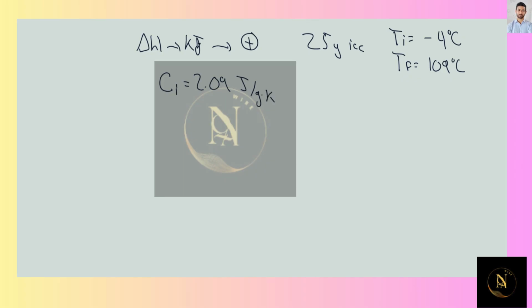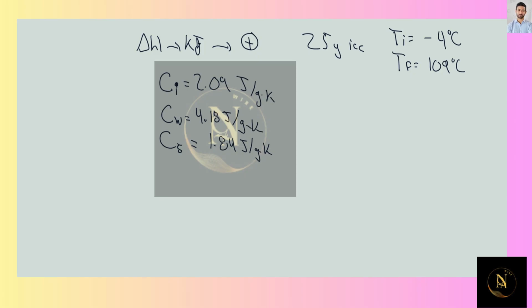Both are correct in this case because since we're dealing with changes of temperature, we can use either units. The heat capacity of water is equal to 4.18 joules per gram Kelvin, and the heat capacity of the vapor or the steam is going to be equal to 1.84 joules per gram Kelvin.